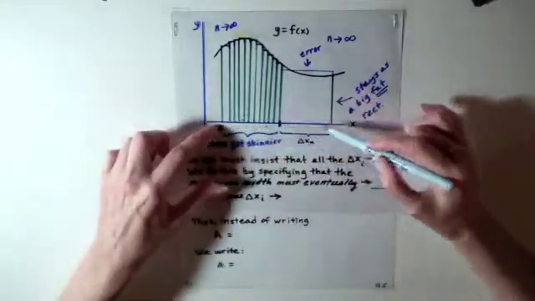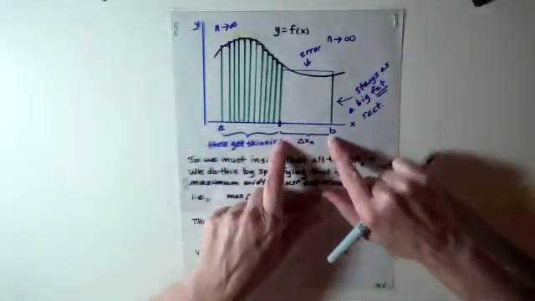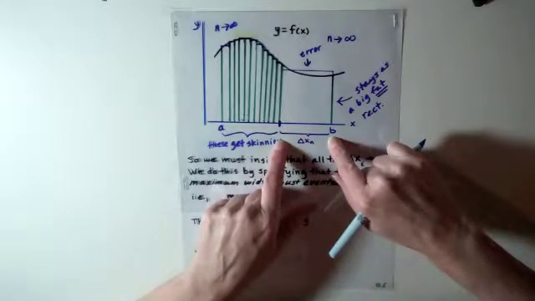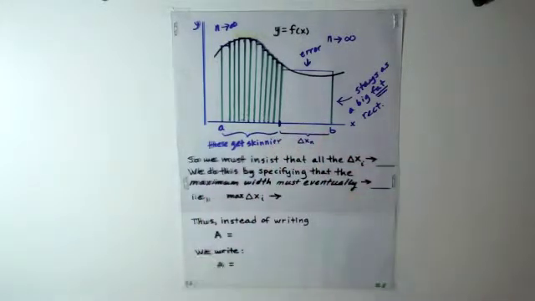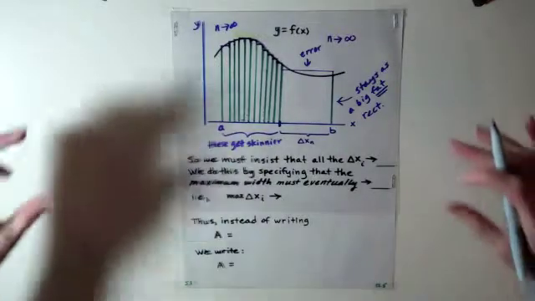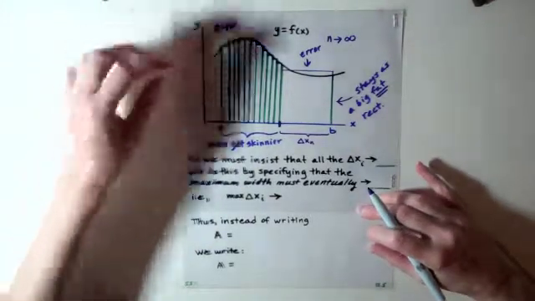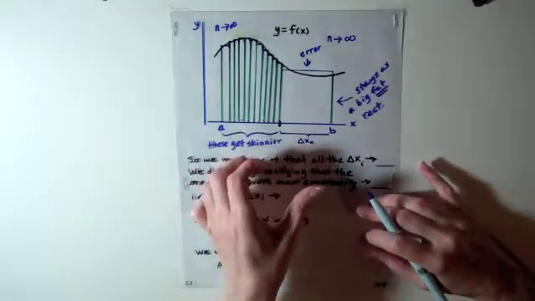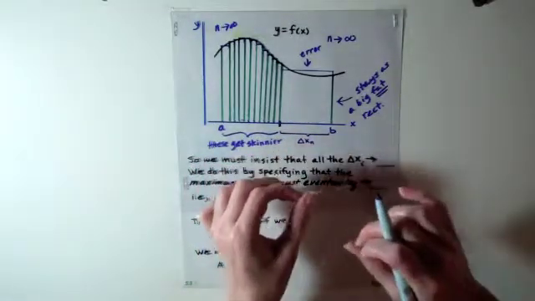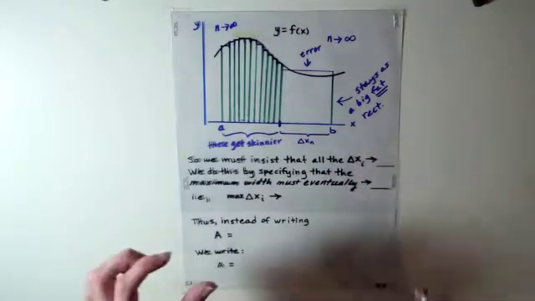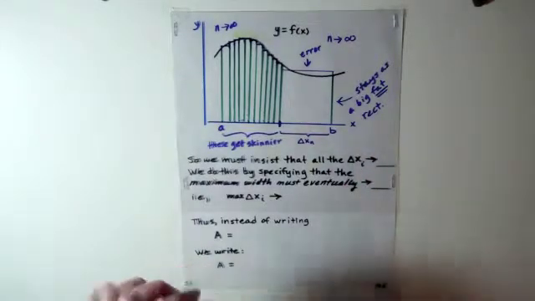We need all of our widths of our rectangles, including this one, to eventually get smaller and smaller and smaller. So we have to devise a scheme in which the number of rectangles goes to infinity, yeah, but also all of the rectangles eventually shrink to being something that's thinner and thinner, infinitesimally thin. In other words, a tinier and tinier width.